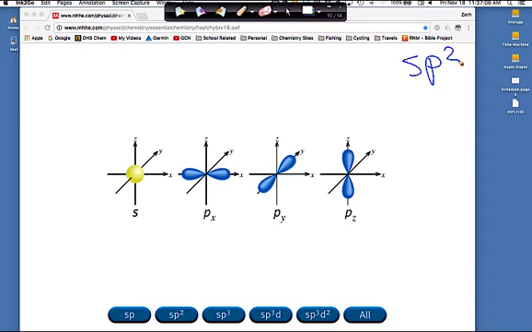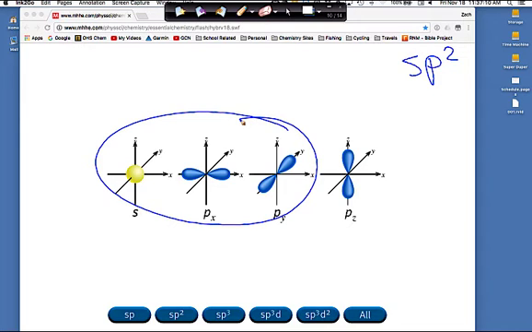One of the s's and 2 of the p's. The question that we need to answer is, what happens to the p orbital that doesn't hybridize? And the answer is this: it's still there. It just didn't hybridize. Let me show you.